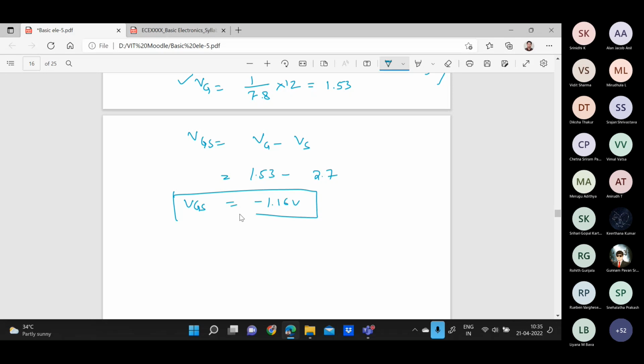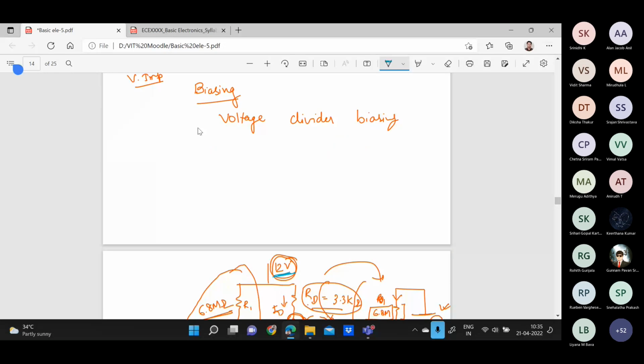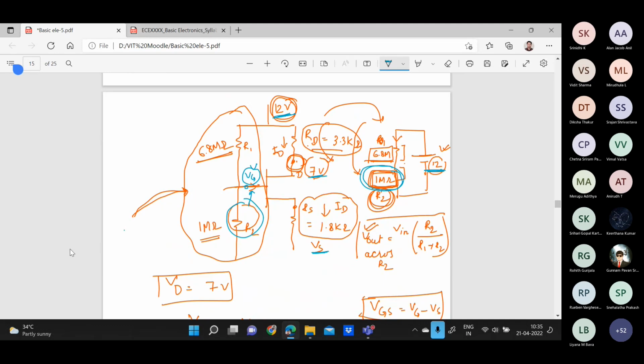Once again, I'm repeating this process because this is more important than others. This is an important question based on biasing. Biasing means providing the external input with the help of a certain circuit. The first one is the voltage divider biasing, where we are using the voltage division rule for providing the input.